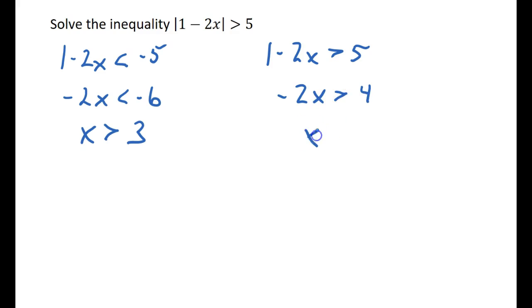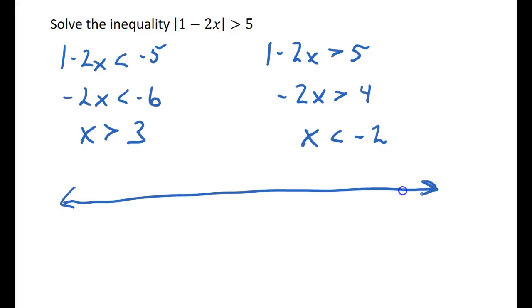Switch the inequality. X is less than negative 2. On a number line, I've got a parentheses at negative 2 and a parentheses at positive 3. X is less than negative 2, so it's everything that way, and x is greater than 3.